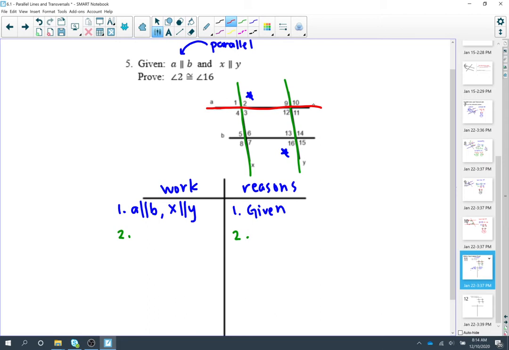So therefore, you can't say anything about 2 and 16. You can say something about like 2 and 9, or 2 and 10, or 2 and 11, or 2 and 12, because they're still touching this, you got a green parallel, which are connected by this red line. But you can jump from left to right, but you can't jump diagonal.